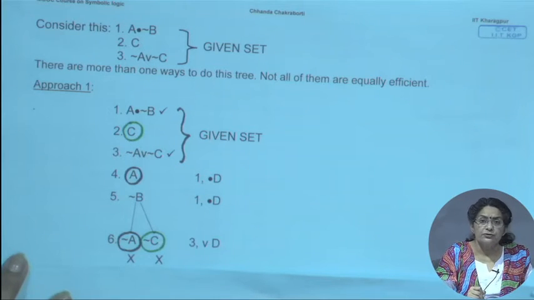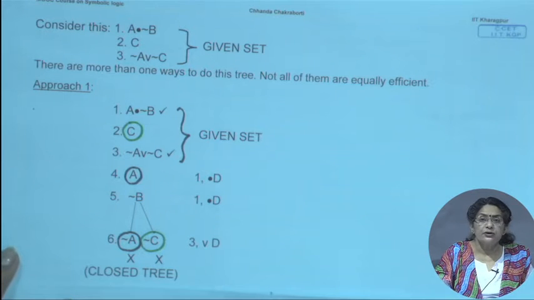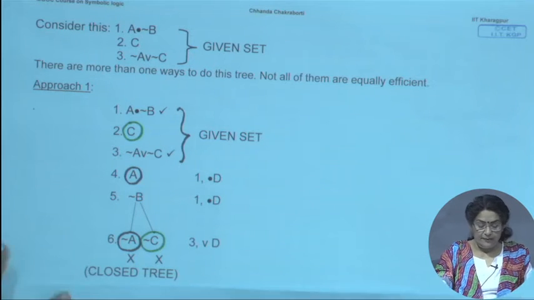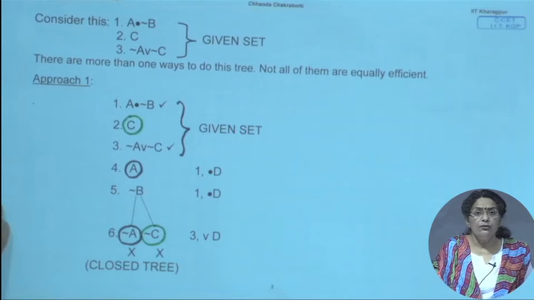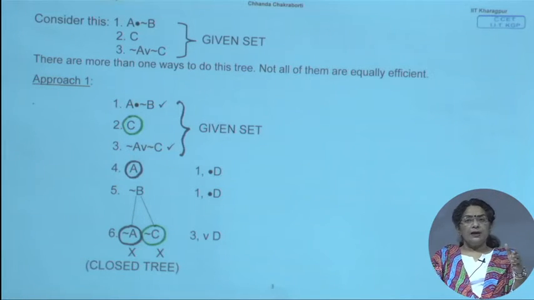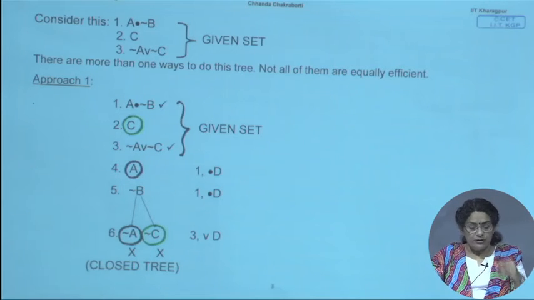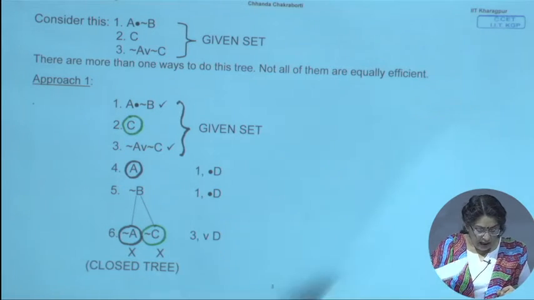This branch is closed. What does that make this tree? It is a tree where every branch has closed down, so it is a closed tree. Get it? Okay, this is how to do the tree. It is again a fairly simple tree, but my idea is to show you how you can approach it on your own, and I hope you have followed the procedure as I have explained it.